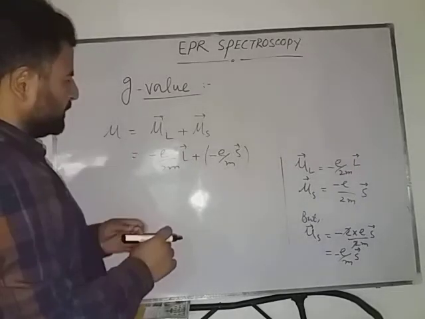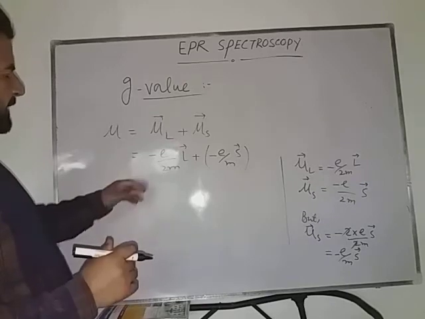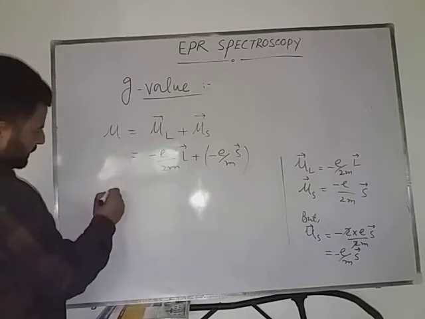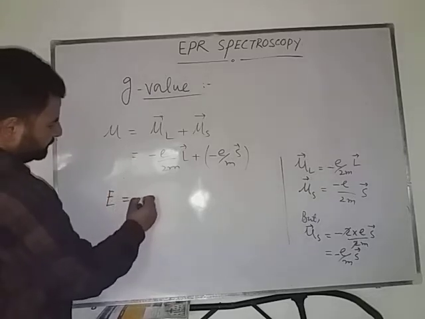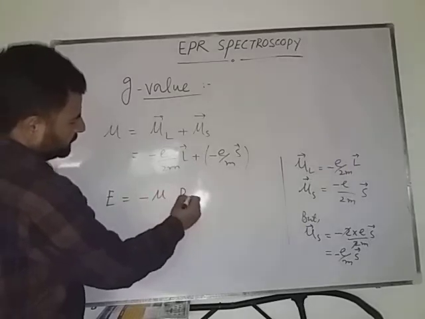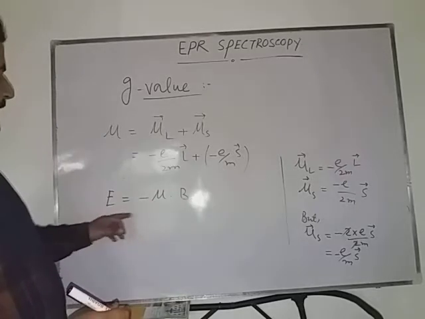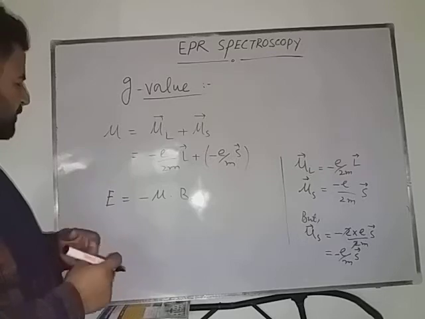So this will be the total magnetic moment, but we know that the interaction energy E is equal to minus mu dot B naught, where B naught is the applied magnetic field and mu is the total magnetic moment.